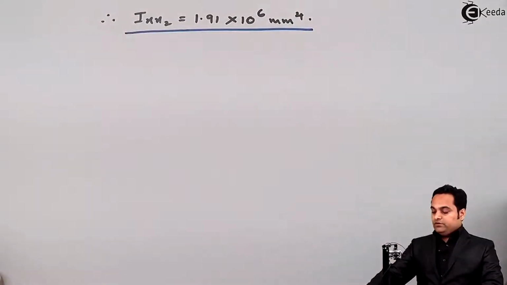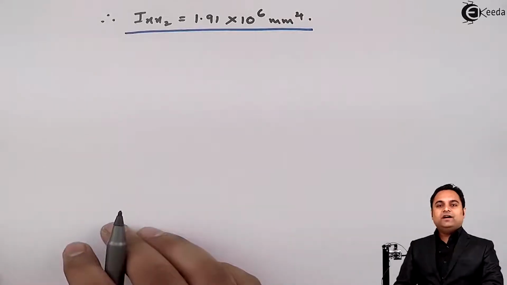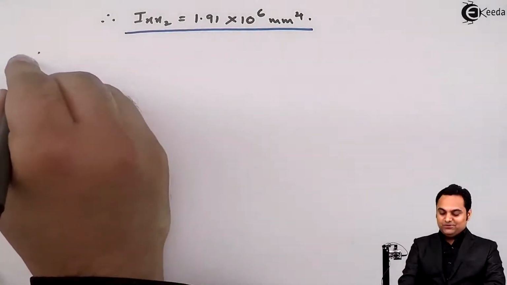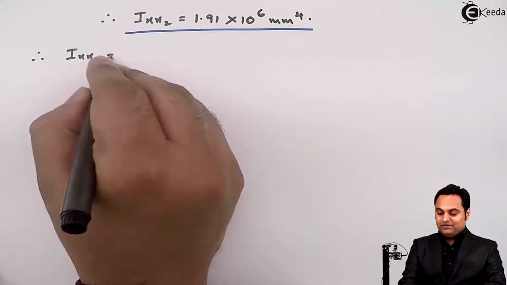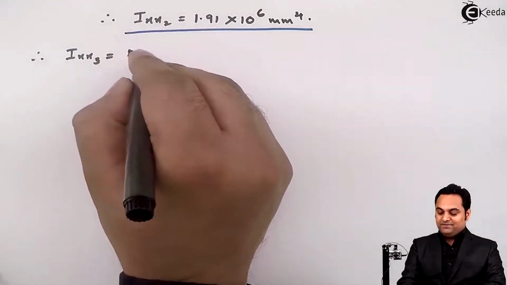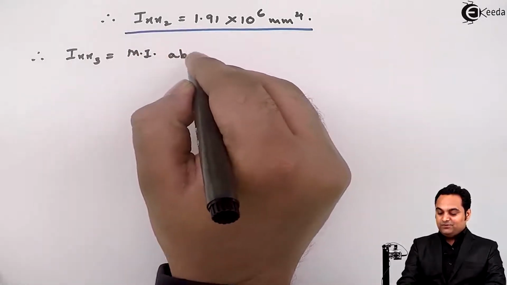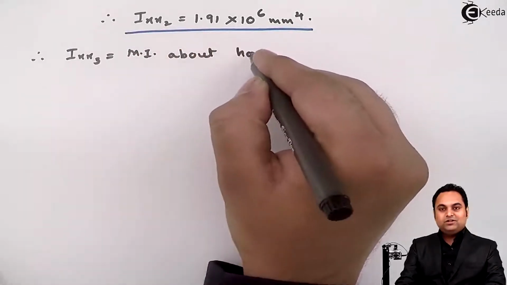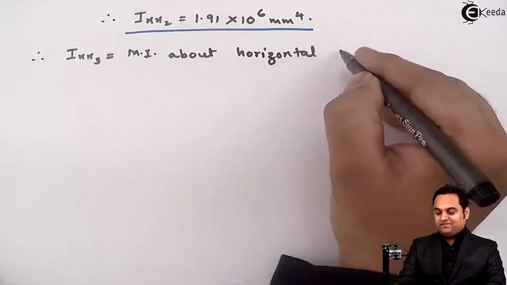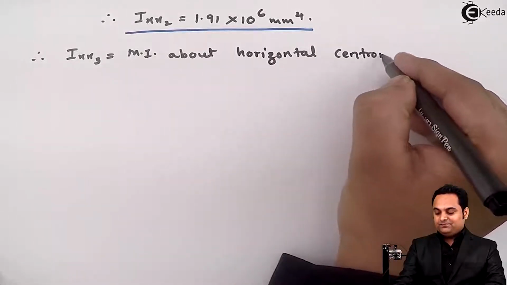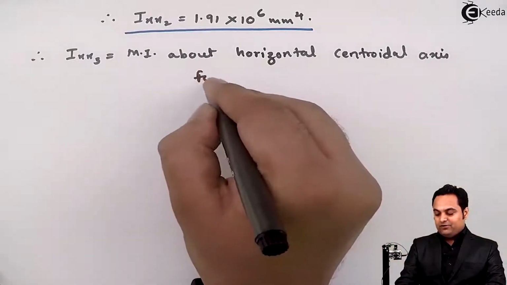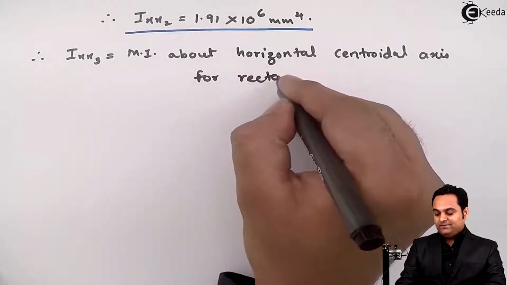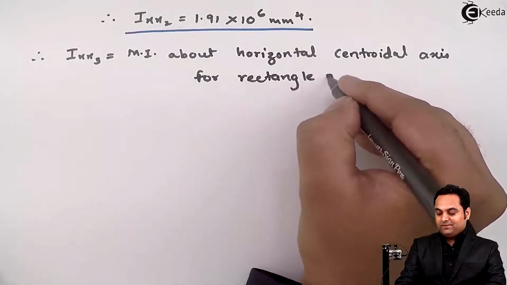Now the next thing is we want to calculate Ix3. So therefore Ix3 is the MI about horizontal centroidal axis for rectangle 3.